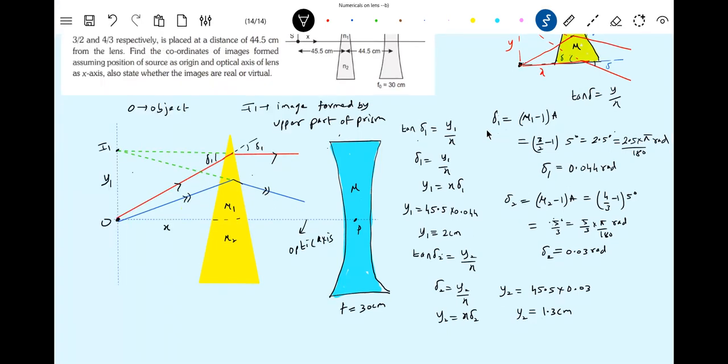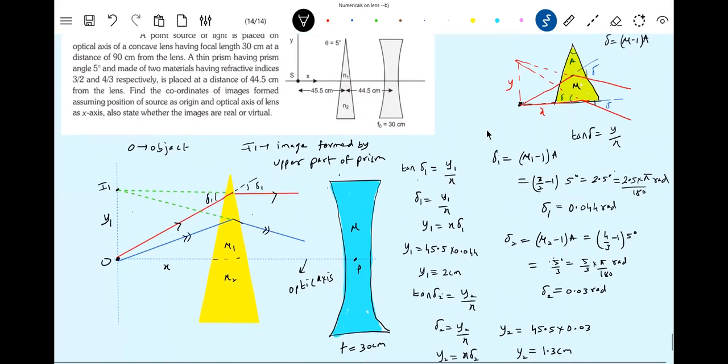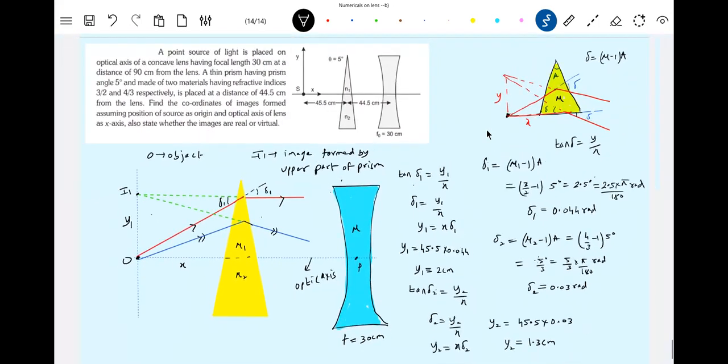If I get some space, everything will be visible for you. Similarly, I2 will be formed here.